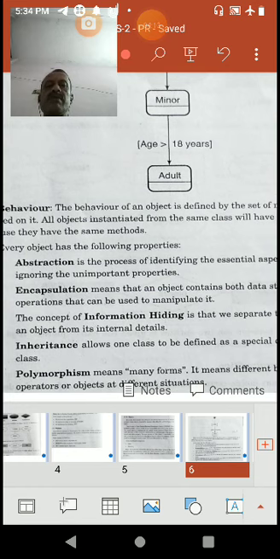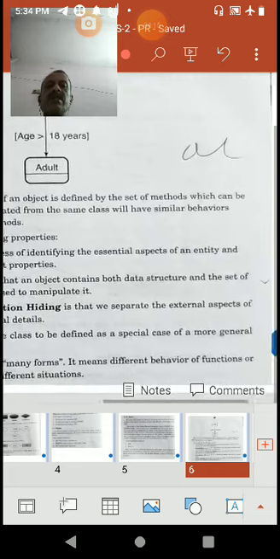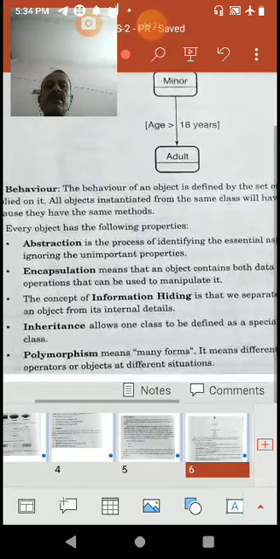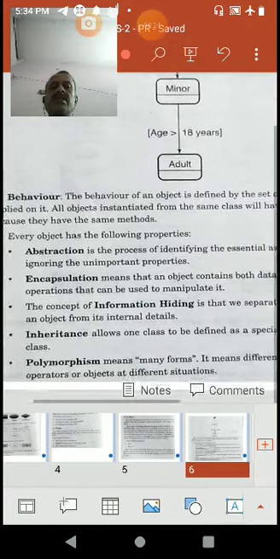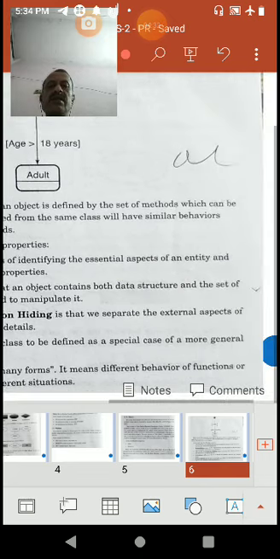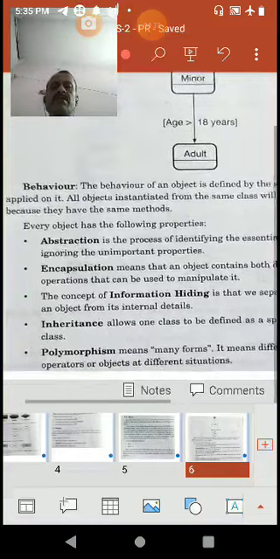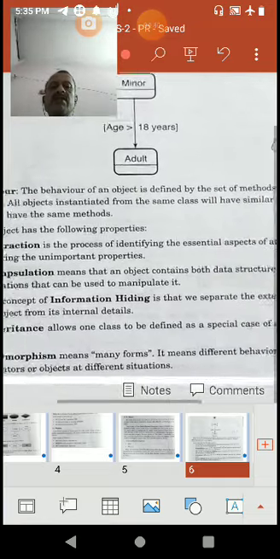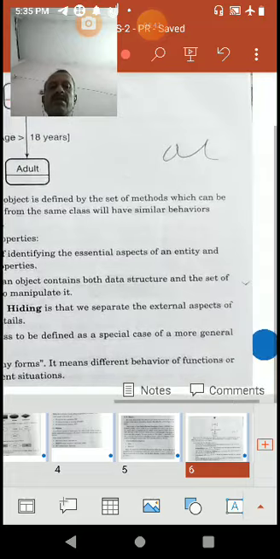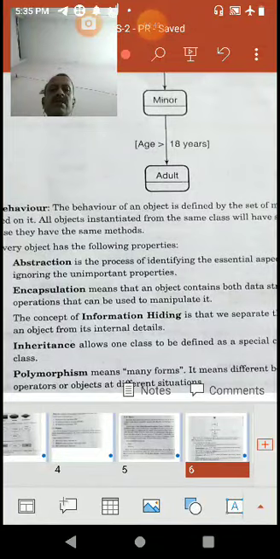The concept of information hiding is that we separate the external aspects of an object from its internal details. Next, inheritance. Inheritance allows one class to be defined as a special case of a more general class. Next, polymorphism means many forms. It means different behavior of functions or operators or objects in different situations.